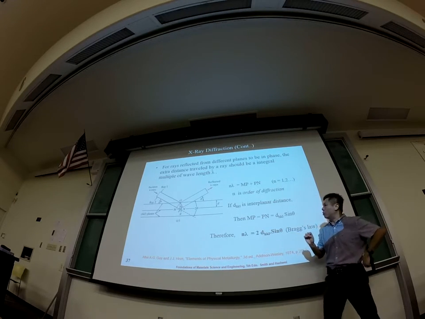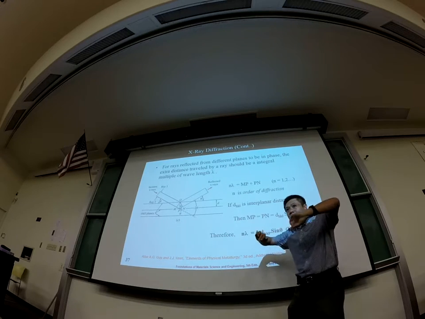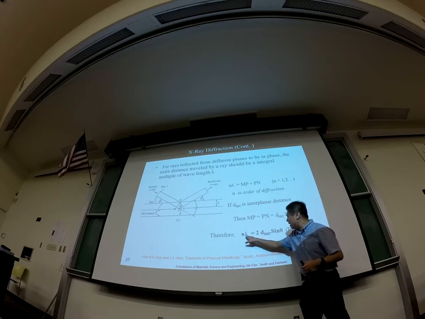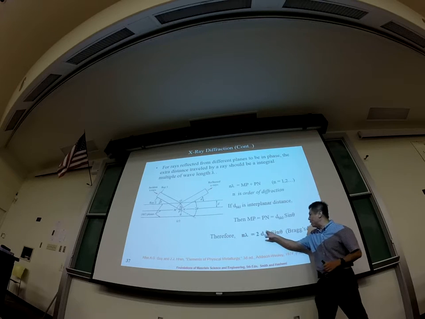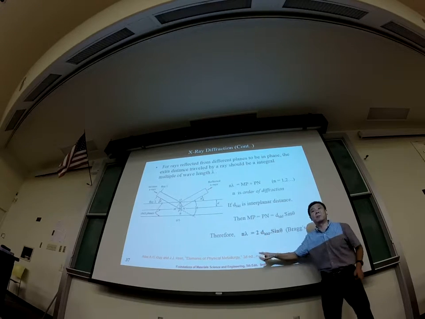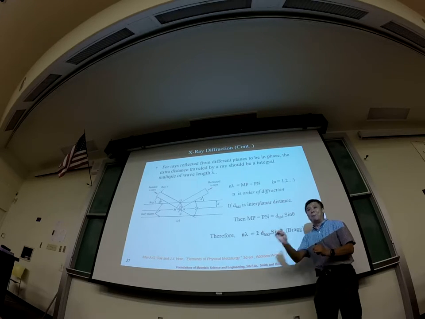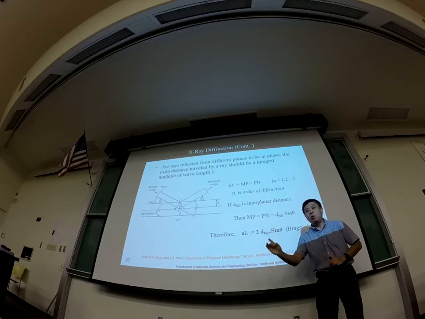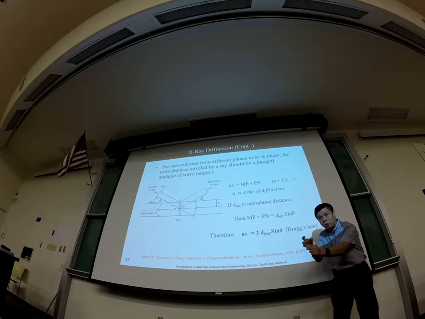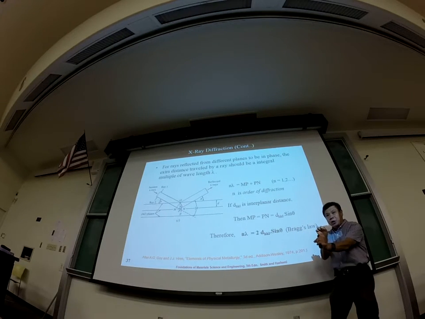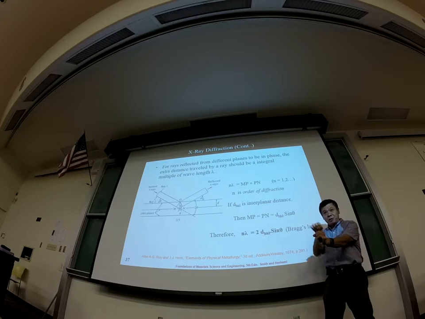Usually what you do is you try to explore. Suppose the wavelength is a fixed number, and suppose d_hkl is also a fixed number. That means you have a crystal with, for example, a 111 plane there. If you want to match this condition, you change the detector position, right?